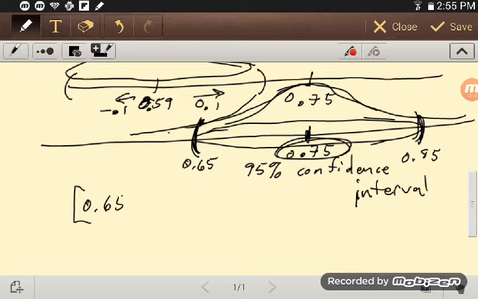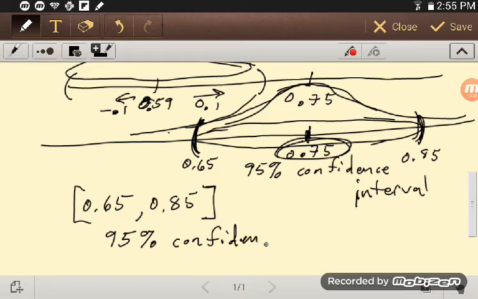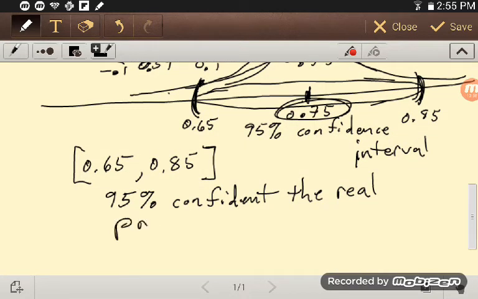But now we can put this distribution over it and say, if you're willing to give me from 0.65 to 0.85, with my best point estimate of 0.75, then I'm going to say I'm 95% confident the real mean, or the real proportion, is in here.